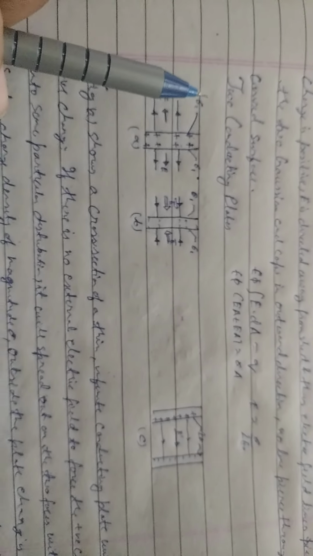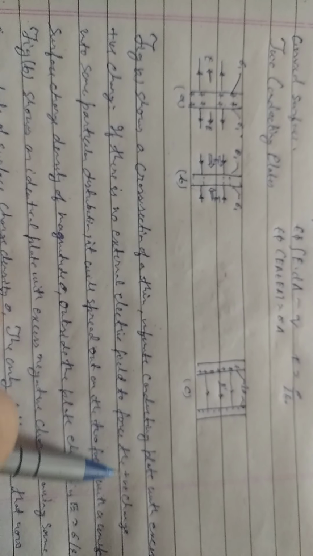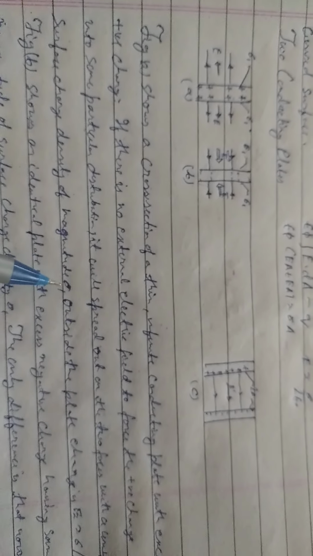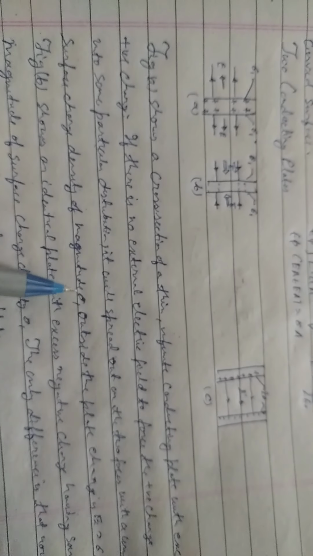Two conducting plates. Figure A shows a cross section of a thin infinite conducting plate with excess positive charge. If there is no external electric field to force the positive charge into some particular distribution, it will spread out on the two faces with a uniform surface charge density of magnitude sigma.